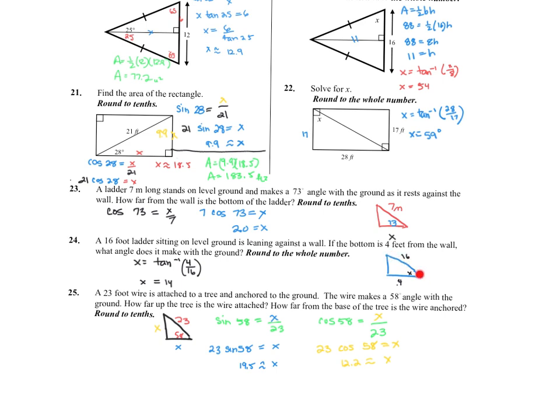Here we have a 16-foot ladder. We know that this is 4 foot. Now we're looking for the angle measure. This tells me it's going to be an inverse function. And so when I look at this, I'm given the adjacent and the hypotenuse.